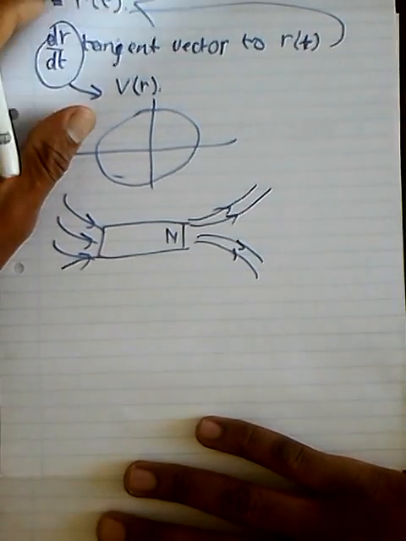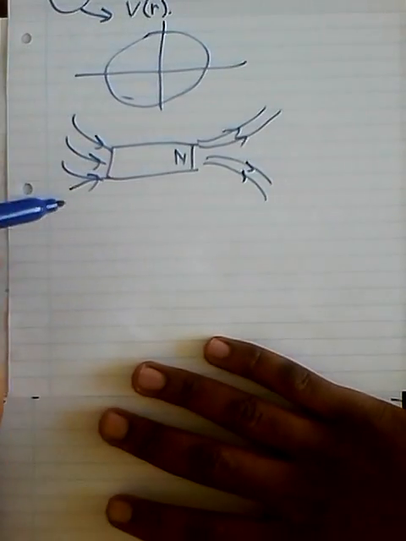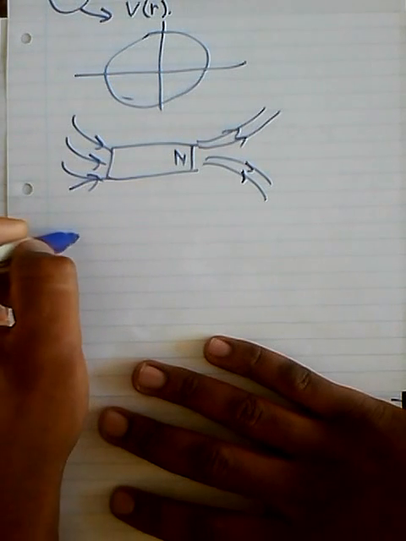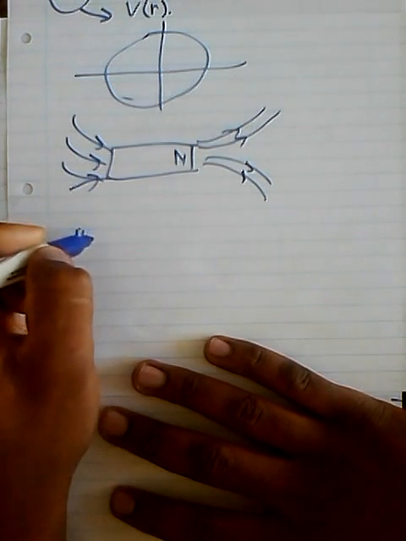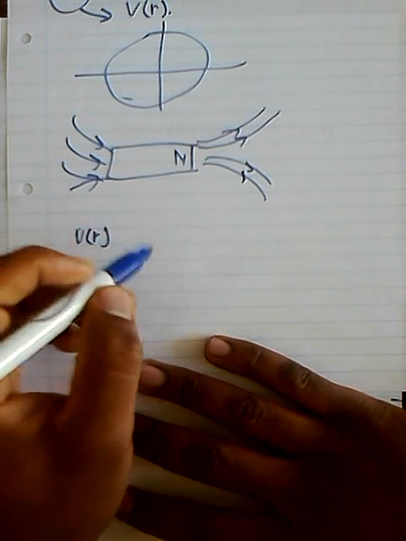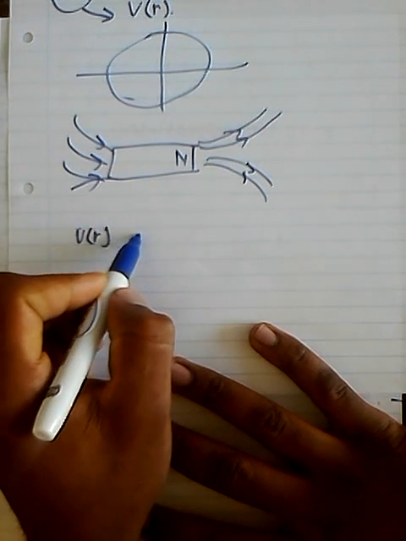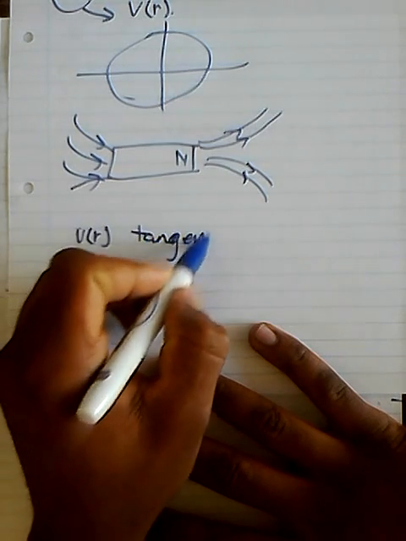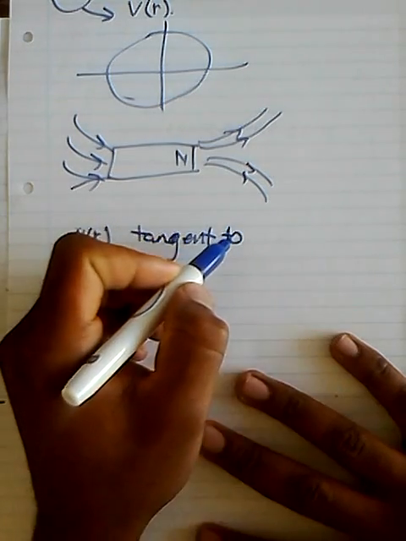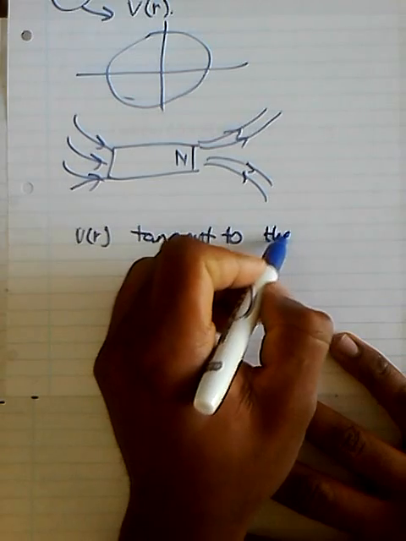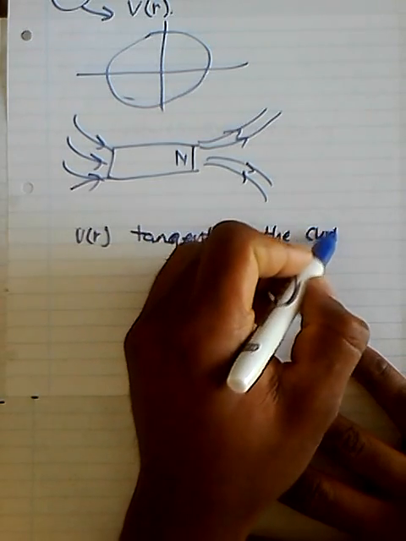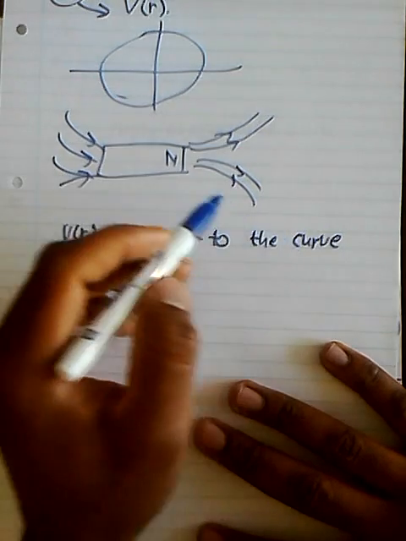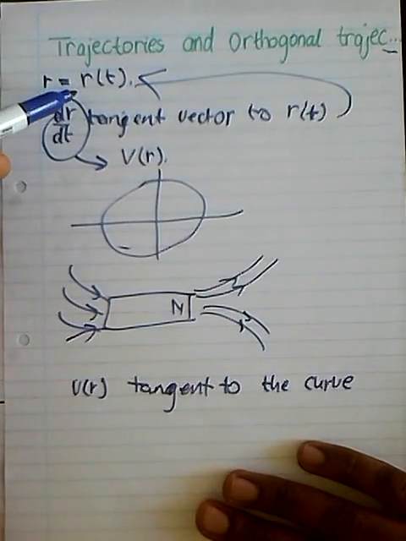Now we fill the region with curves such that v of r is always tangent to the curve, and that curve is our r of t.